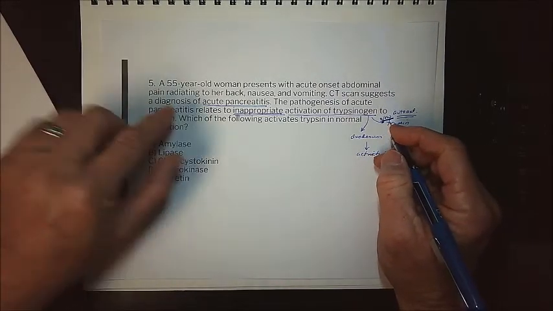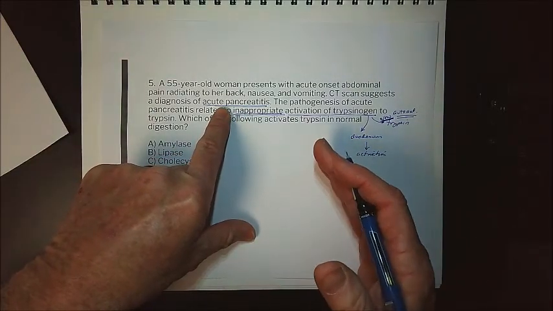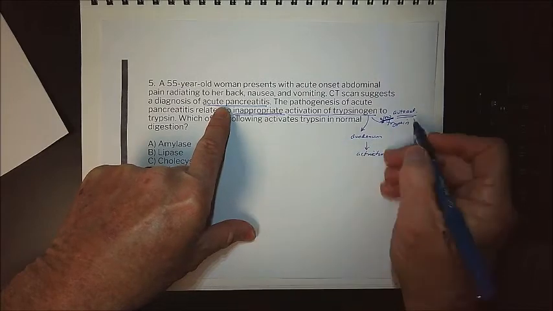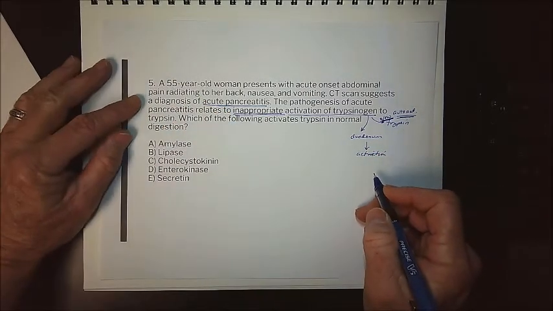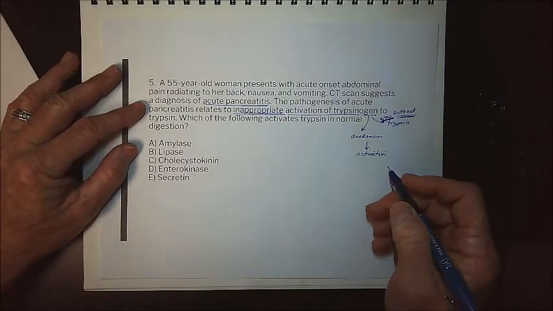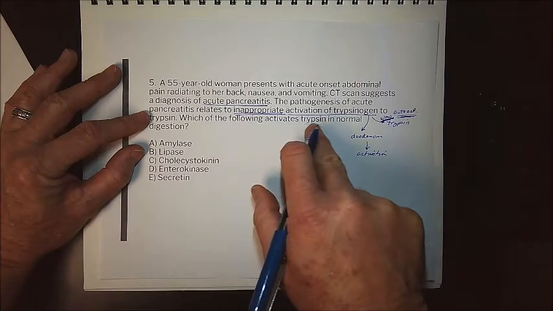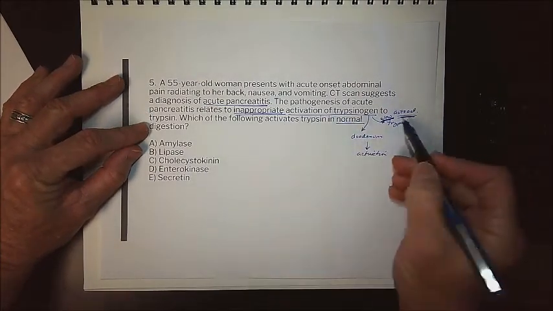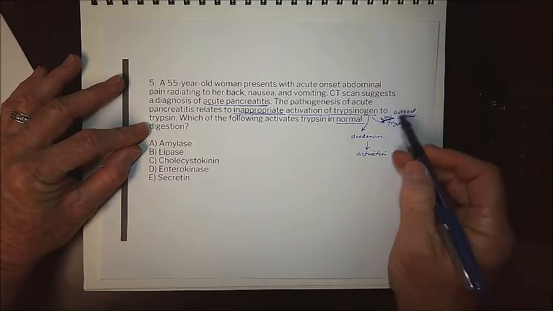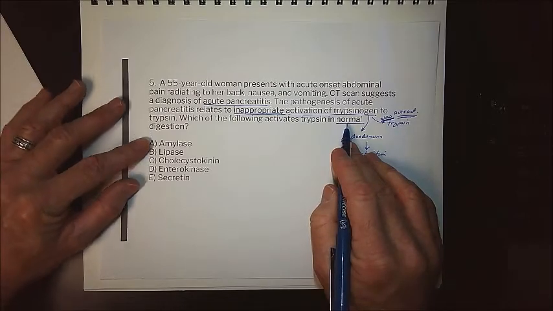But if we have acute pancreatitis where we have slowed movement of our secretions out of the pancreas, now we have enough time for autoactivation to occur. Okay? That's all true. Now the question, which of the following activates trypsin in normal digestion? So activation of trypsin in acute pancreatitis is an abnormal activation. The question's asking for normal.